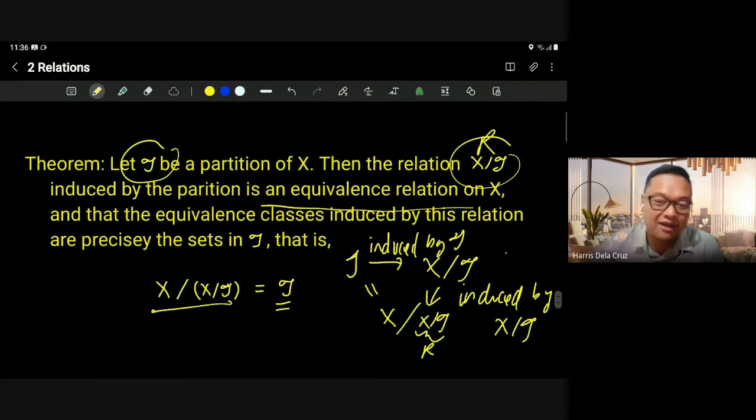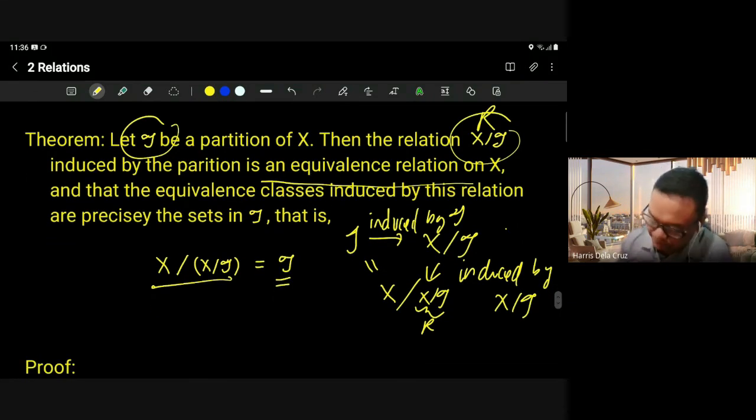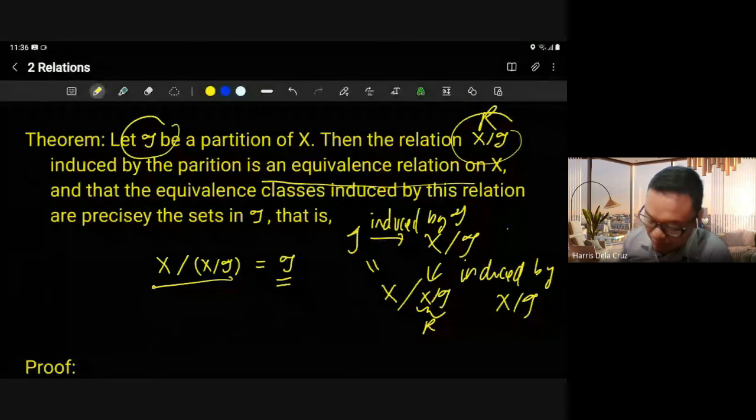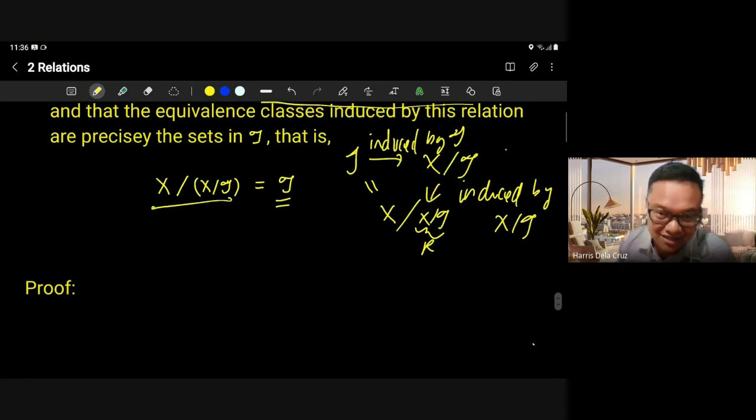Again, dalawa yung ipoprove natin, ha. First, that it is an equivalence relation, and second, that the induced partition is the original partition. The induced relation, rather. Okay, nabubulol na ako sa induce na to. Okay, sige, simulan natin sa equivalence relation.